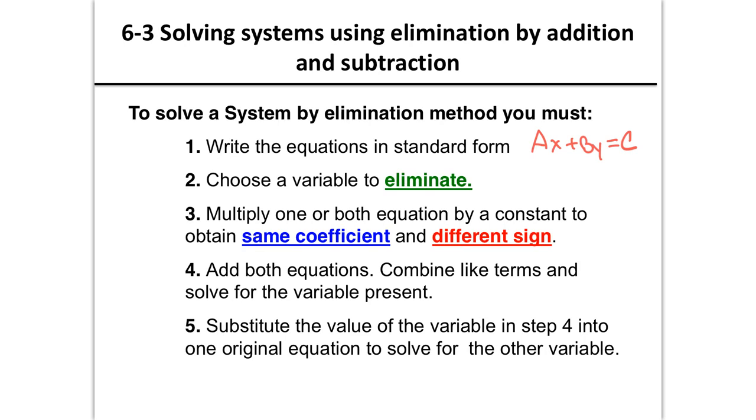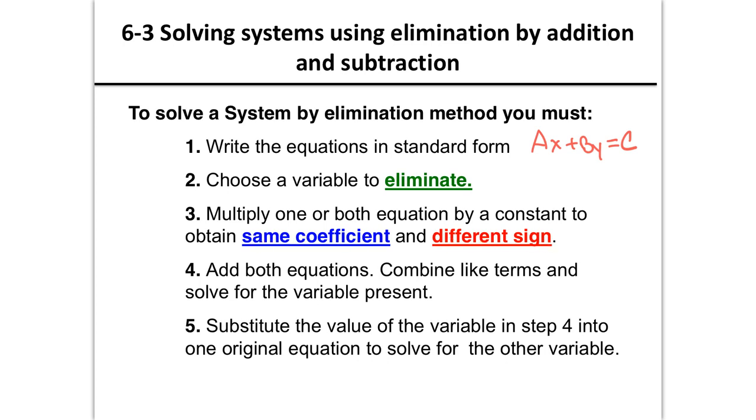To eliminate one of the variables, you must multiply one or both equations by a constant to obtain the same coefficient and different sign. What that means is, the two variables must have opposite sign and the same coefficient.